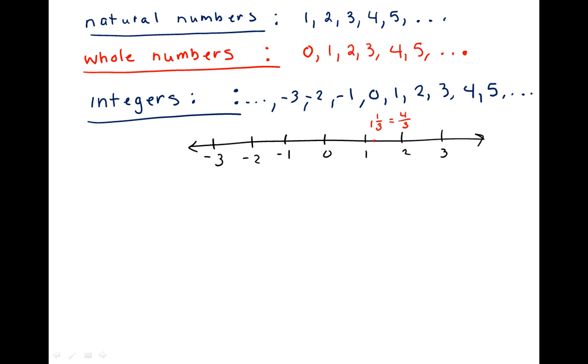You could have a fraction, I don't know, say right here. We'll say that that's a fraction 5/6. You could have a fraction right here. I could say that fraction is -1/2. Okay? So what that is bringing us to is rational numbers.